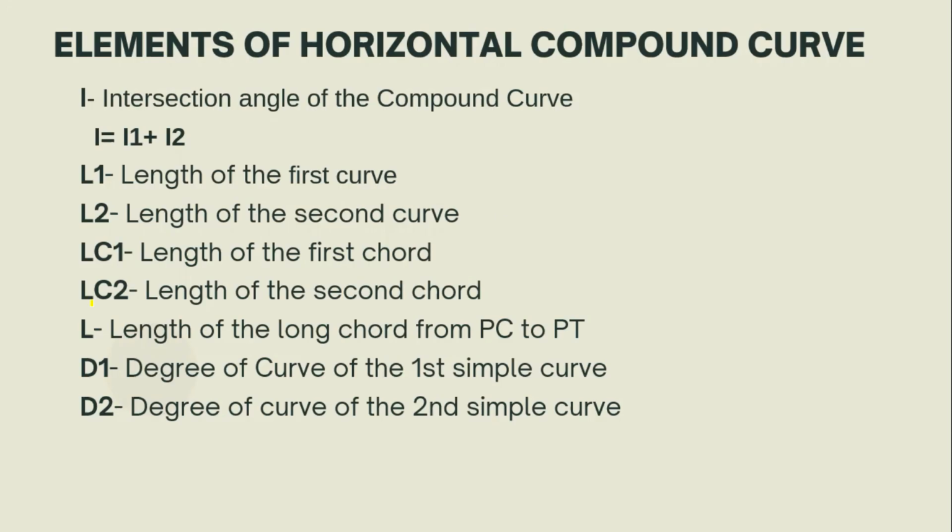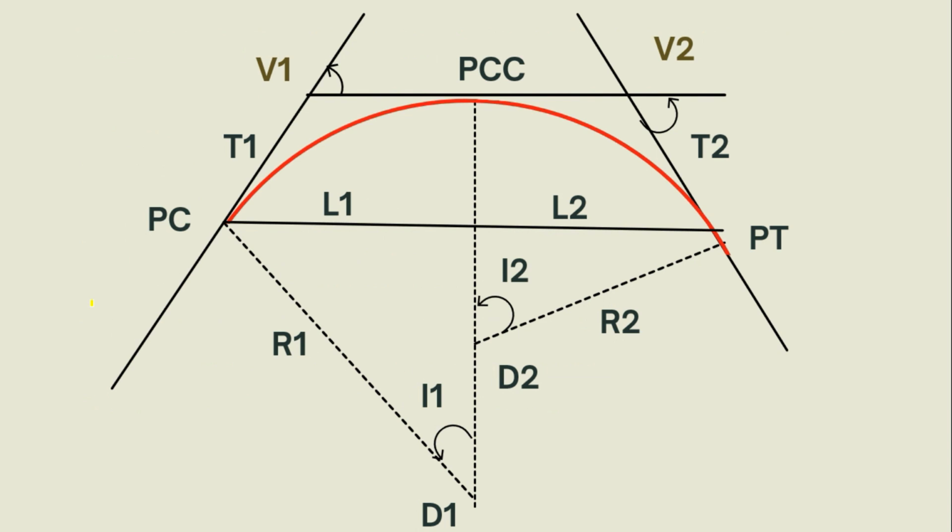Basically, it has the same elements as the simple curve. This is an example of the compound curve. As you can see here, we have two simple curves. Let's say this red arc here is our curve. This is our first simple curve and this one is our second simple curve.